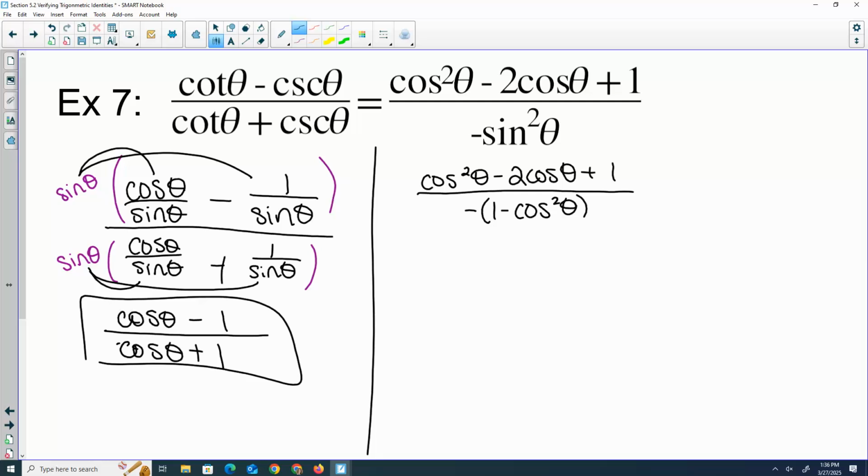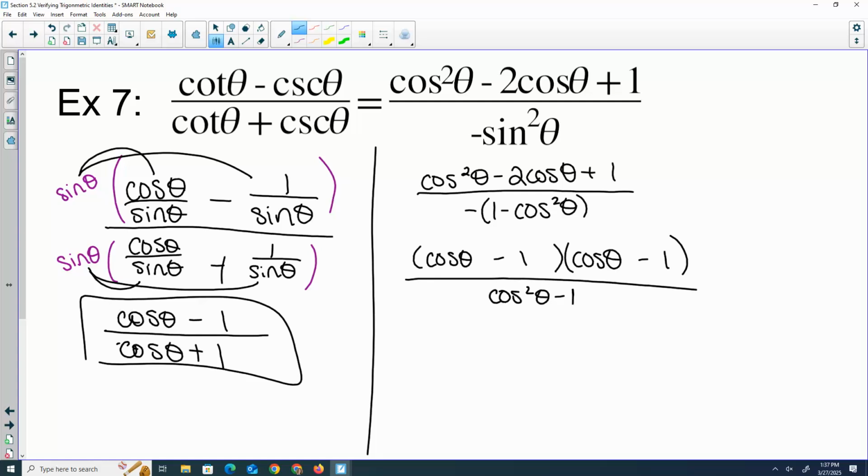On the top, we did an example yesterday with factoring: cosine squared, cosine, and a constant. We can factor that. What multiplies to 1 and adds to negative 2? On the bottom, if you distribute your negative, you get a positive cosine squared minus 1, which is a difference of squares.